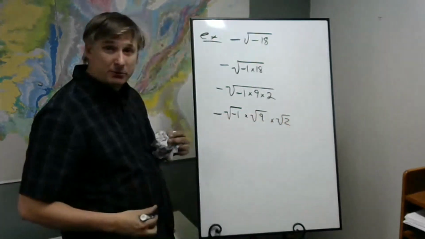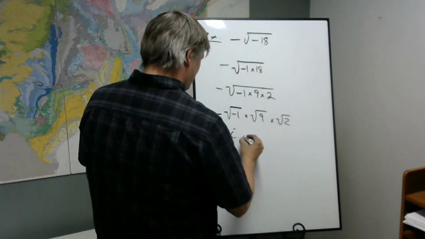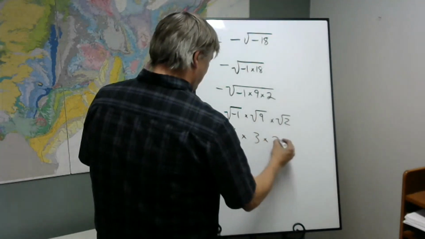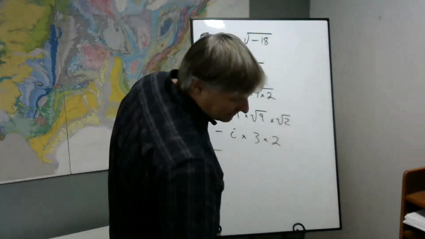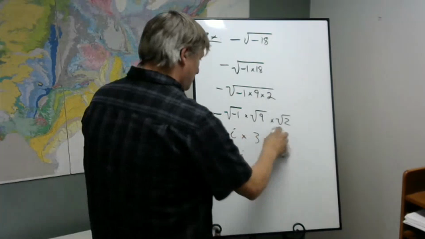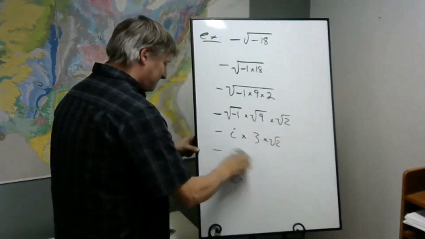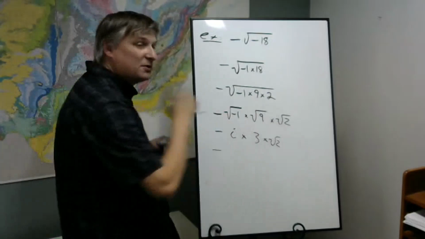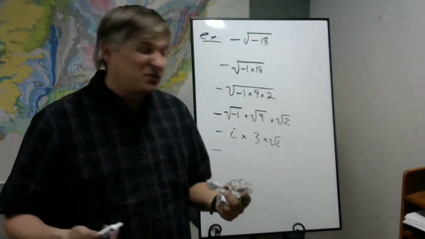Again, we can break up our square root. So this will be minus i times 3 times 2, or minus 6. Oh, I'm sorry. Square root 2 is still square root 2, because there is no square root of 2 that's not an irrational number.